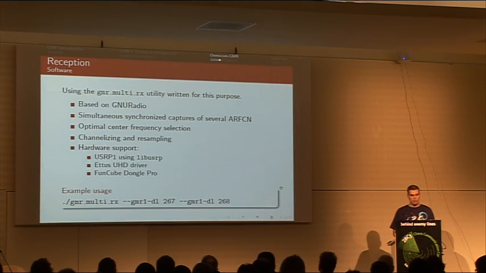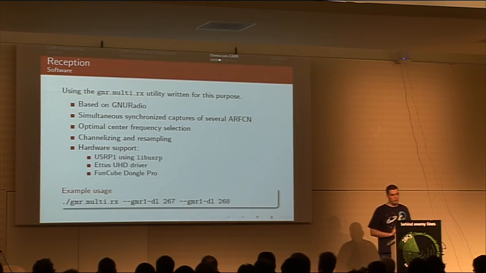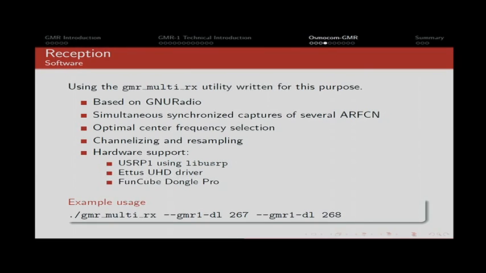The software used for capture is called GMR Multi-RX. It's based on GNU Radio and will handle all the nasty details for you. It will choose the optimal frequency to tune to avoid the DC peak, so that you don't have the DC peak in the middle of your signal. It will automatically channelize and resample so that the demodulation part has a nice 4 samples per symbol or something.